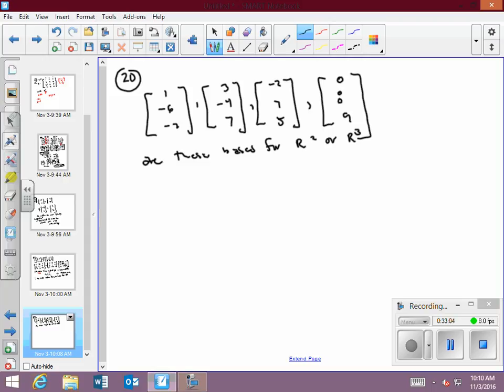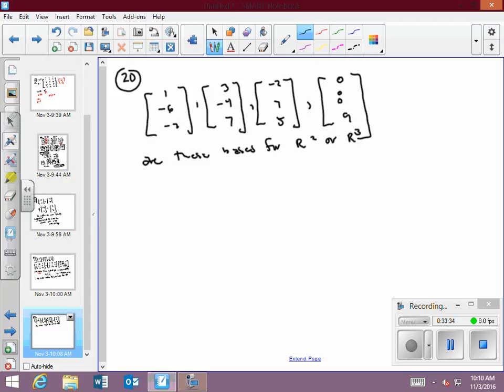And so then we look at theorem 8 in section 1.7 on page 60. It says if a set contains more vectors than there are entries in each vector, then the set is linearly dependent.